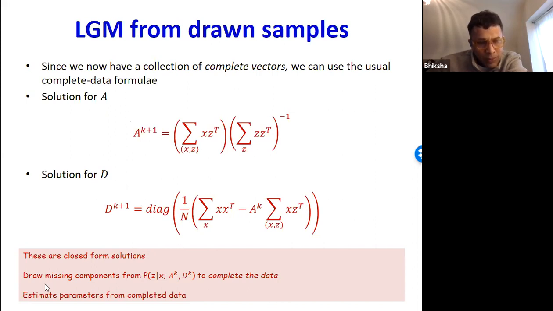So the way we're doing it again, we initialize A and D, then we draw the missing z value for every vector from the posterior probability of z given x to complete the data, and then we estimate the parameters from the completed data. This is EM.